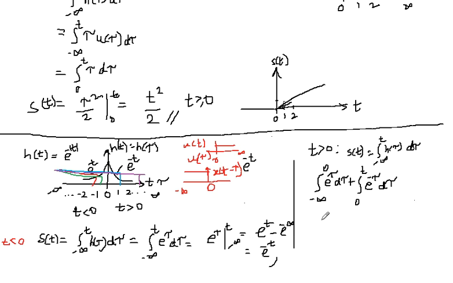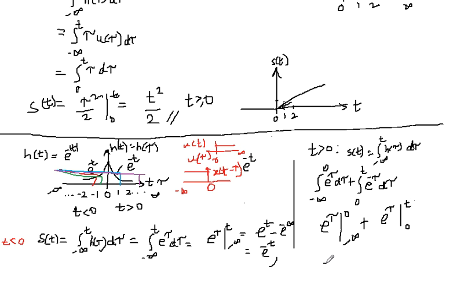Now this is separate. Let's do e raised to tau. The integration of e raised to tau is e raised to tau itself, from minus infinity to 0. Plus, for the second one, the integral of e raised to minus tau is e raised to minus tau divided by minus 1, from 0 to t.